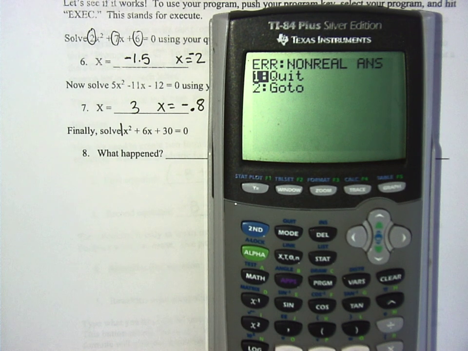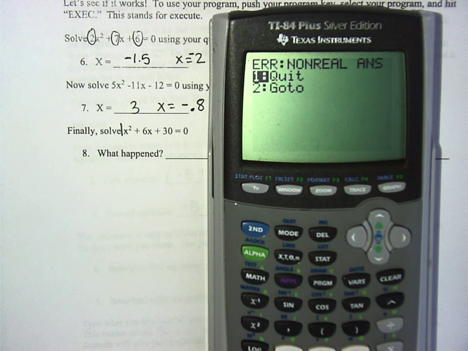I truly don't know what this parabola looks like, or I could just look at the y equals and find out, but I'm guessing it looks something like this. There's a parabola. Do you see how it never crosses? That's because it has an imaginary answer, which doesn't actually cross.